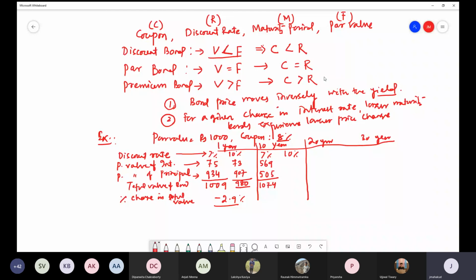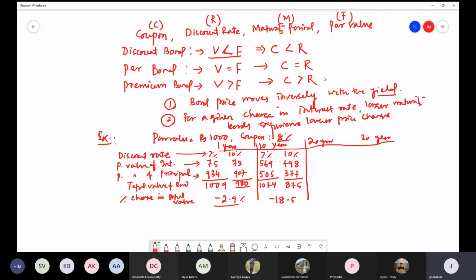And at the rate of 10%, it will be coming 498. You can check it later. And the present value of the principal will come to 377. And we are getting 875. Total value will be 875. Then what is the percentage change? The percentage change has become minus 18.5%.